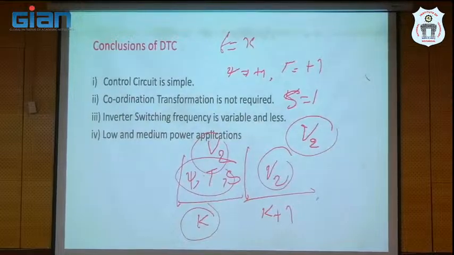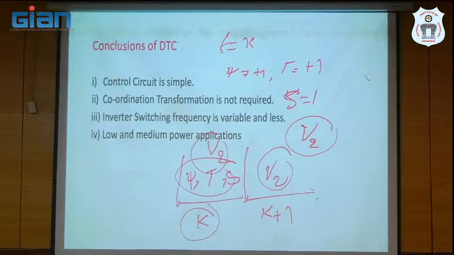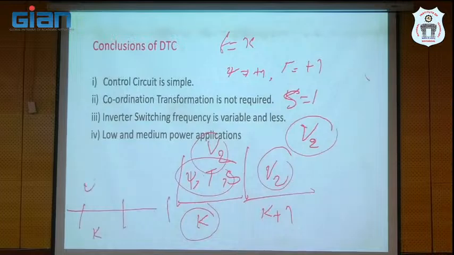In the model predictive control method, what we are doing is, at the kth instant, we are calculating the characteristics of the error at k plus 1. At the current instant, we are calculating the flux error and flux state.